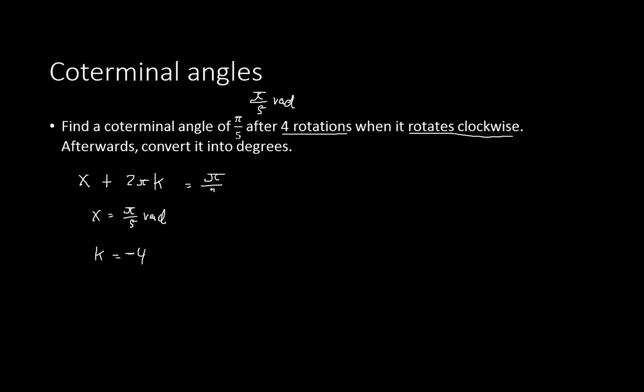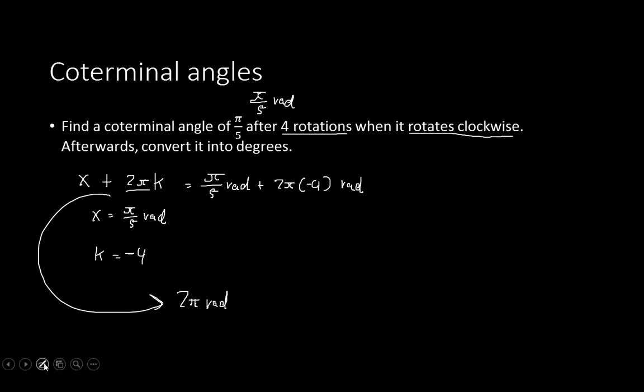We will have pi all over 5 radians plus 2 pi times negative 4. By the way, I forgot to put radians again. Forgive me. In this formula we have 2 pi, and I forgot to include 2 pi radians.